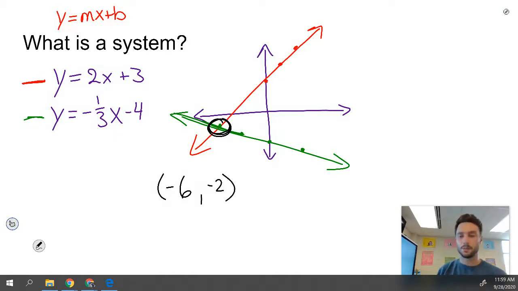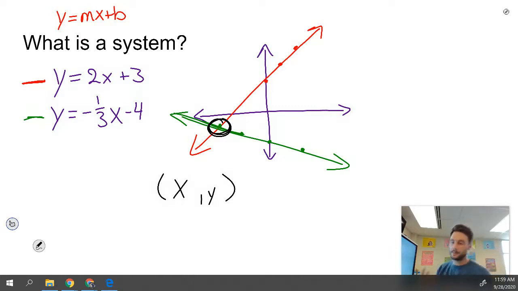That doesn't really seem right, but we'd get some value like that. I'm not actually solving this one, I'm just reminding you in general what this looks like. Cool. So you'll get some point that is an ordered pair of, let's just say in general, x, y. Remember, all ordered pairs go x value, comma, y value. Okay, so that's the general plan for a system.